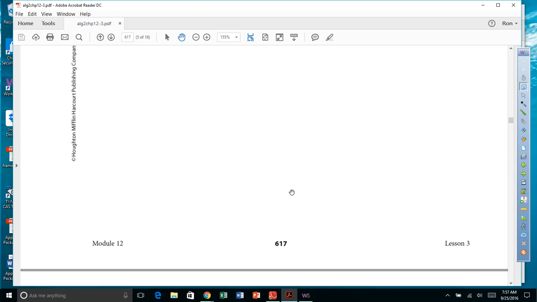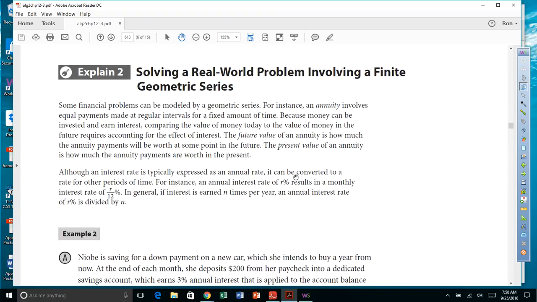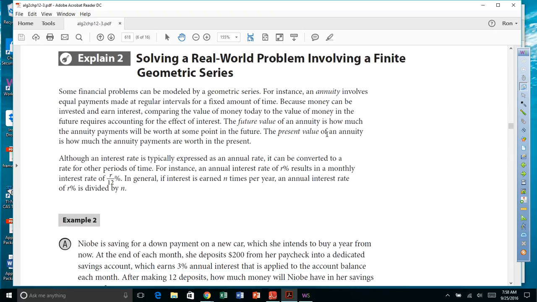And now, solving a real world problem involving a finite geometric series. Some financial problems can be modeled by a geometric series. For instance, an annuity involves equal payments made at regular intervals for a fixed amount of time.